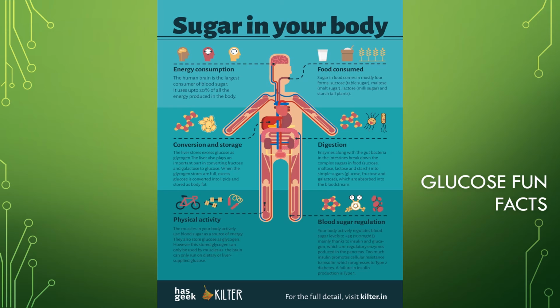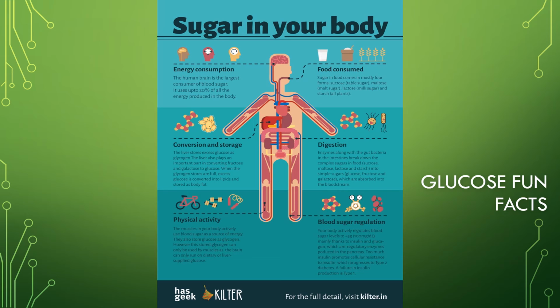So the more glycogen that you have, the more fat and adipose that you probably have in your body. Okay, and then we have digestion. The enzymes break down the sugars in these foods to make the glucose that's being transported through the blood.